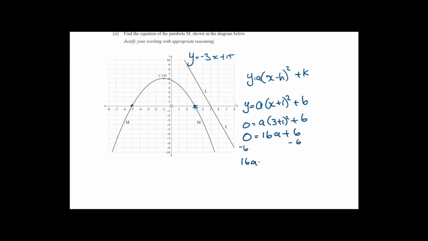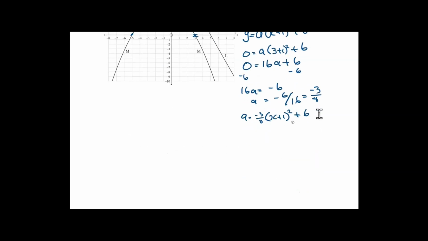So 16a equals negative 6. a is going to be equal to negative 6 over 16, which is negative 3 over 8, and that's going to give us y equals negative 3 over 8 times x plus 1 squared plus 6, and then we would find whatever that is by expanding out the brackets. In fact, let's kind of do it.